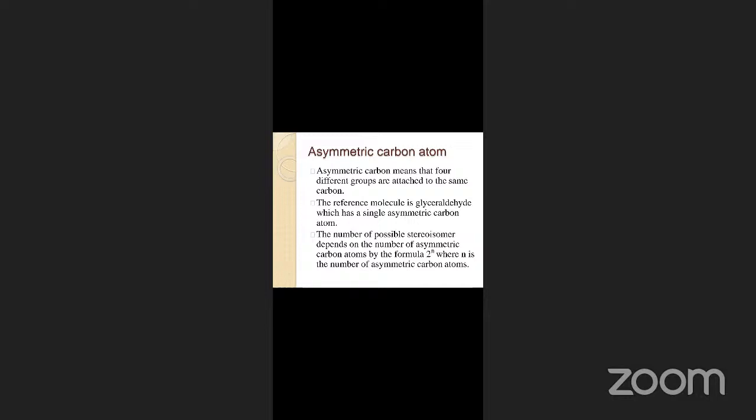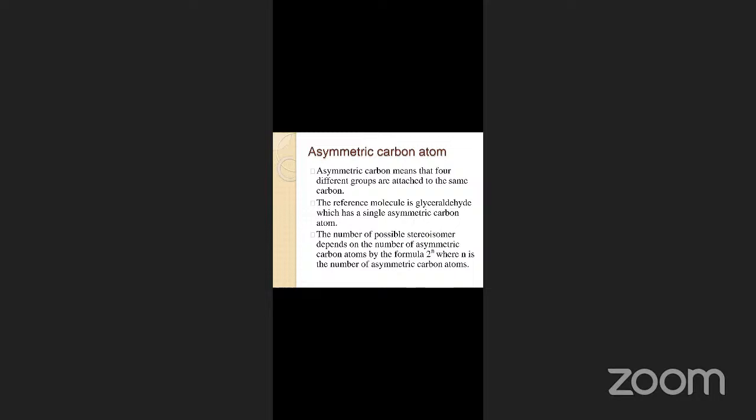Now the number of possible stereoisomers depends on the asymmetric carbons. This is also important in competitive exams, not just your annual exams, but when you go for PG or any entrance exams, they will ask about the number of stereoisomers possible.